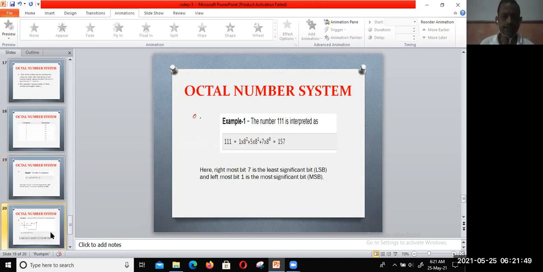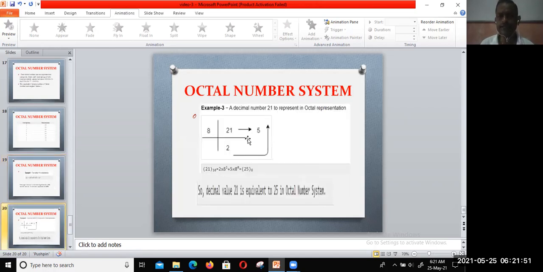We have another method, for the decimal number 21 to get its octal representation. In the octal number system, we divide the number by 8. 8 into 16, and 5 is the remainder, put the 5 here as remainder. So 21 can be written as 2 into 8 to the power 1 and 5 into 8 to the power 0.